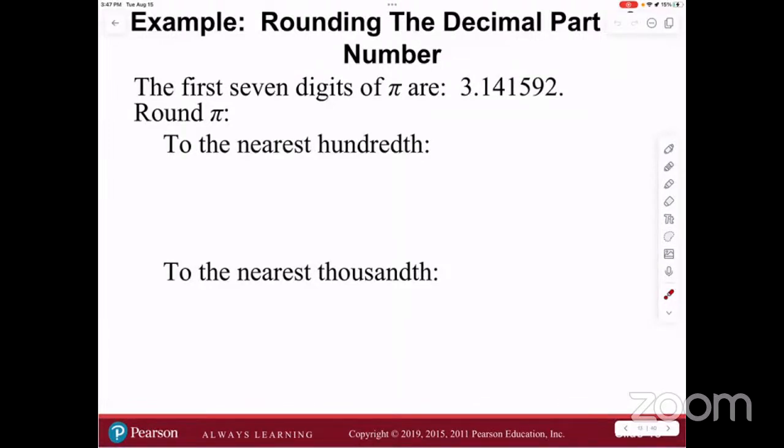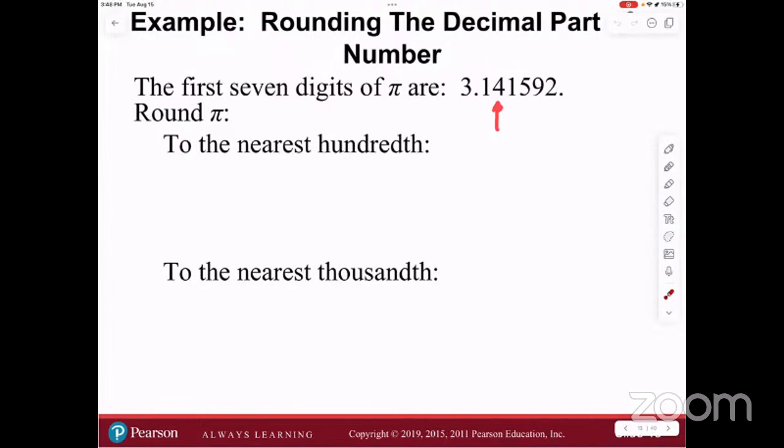As we move to the right, it skips over and goes tenths, hundredths, thousandths, ten-thousandths, hundred-thousandths, millionths. So the nearest hundredth means we're looking at the 4, the number that we want to round. To the right of 4 is a 1. Because 1 is less than 5, the 4 stays as is. So to the nearest hundredth should be 3.14.